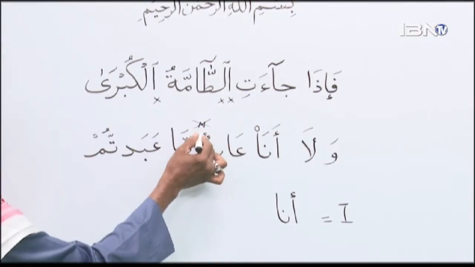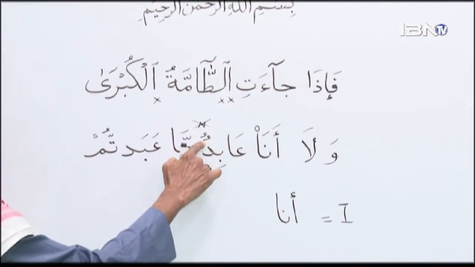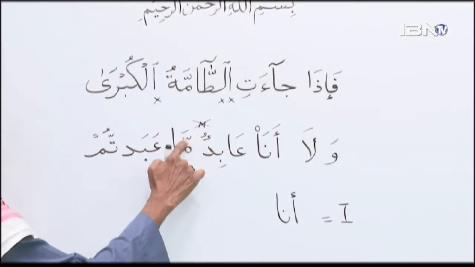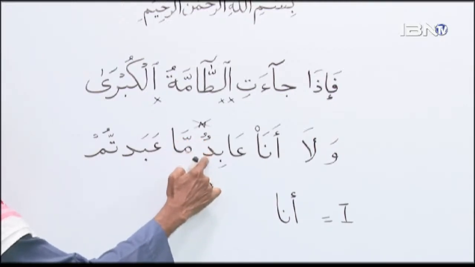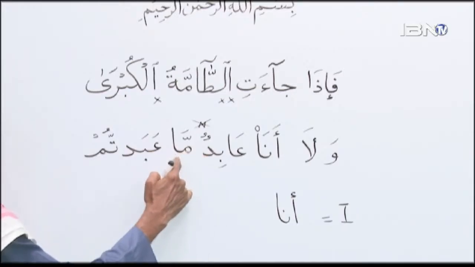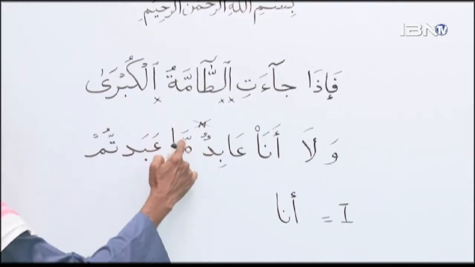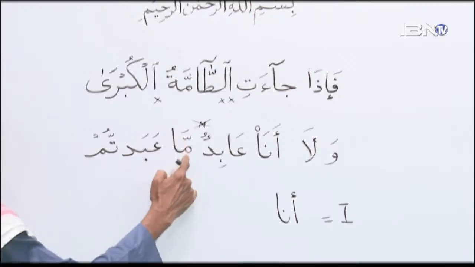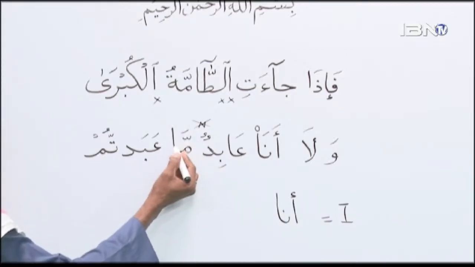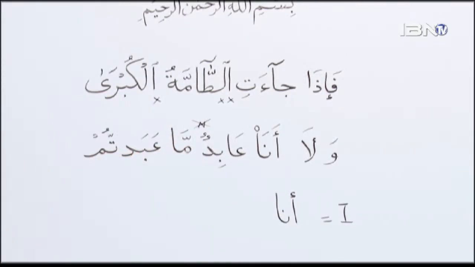So it's just considered to be a single Dhamma. Why? Because you have this sign, right? So it will be pronounced Dal Dhamma joined to a meme. Dum ma. Shadda indicates that letter is doubled, must be joined to the previous letter and called again. So abidum ma abattum. All right?